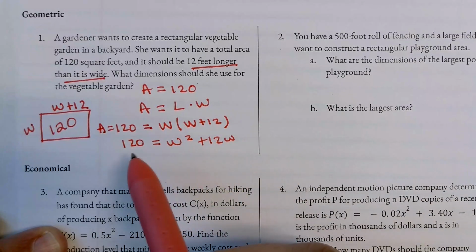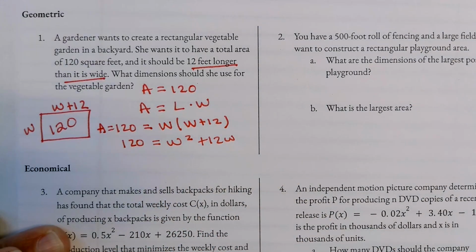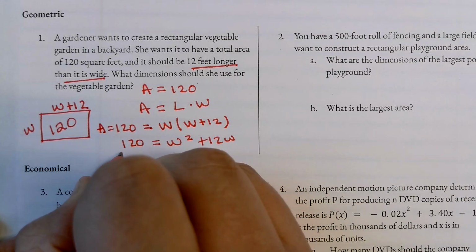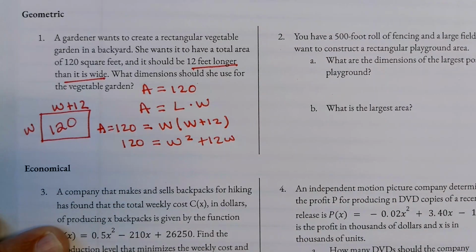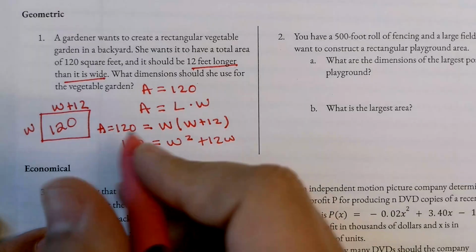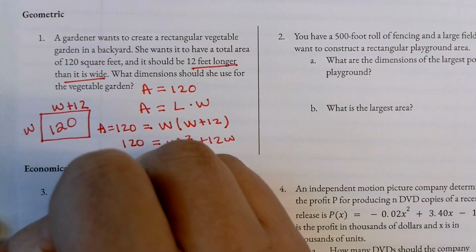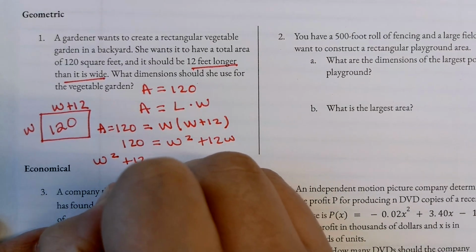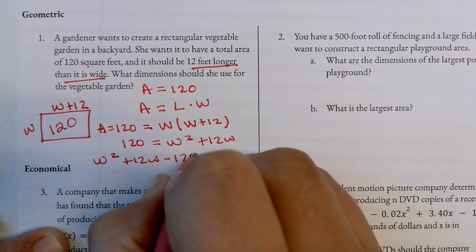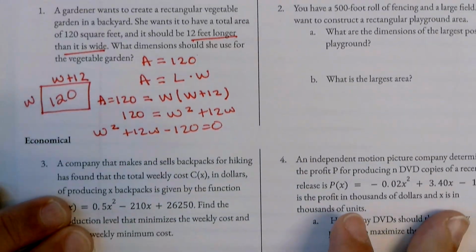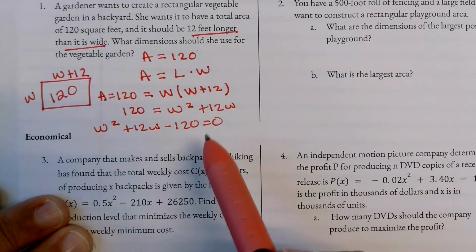And now we can see that it's a quadratic equation. It's very easy to get it in standard form here. If we move that 120 to the other side, that gives me W squared plus 12W minus 120 equals 0. And I can use the quadratic formula.